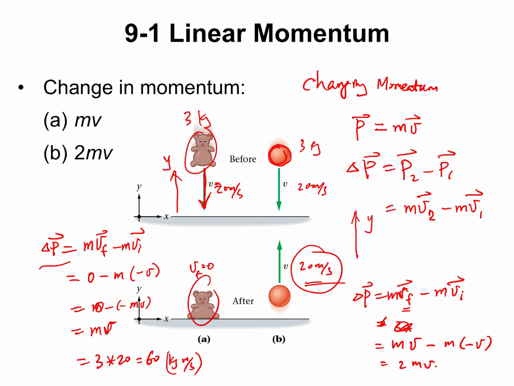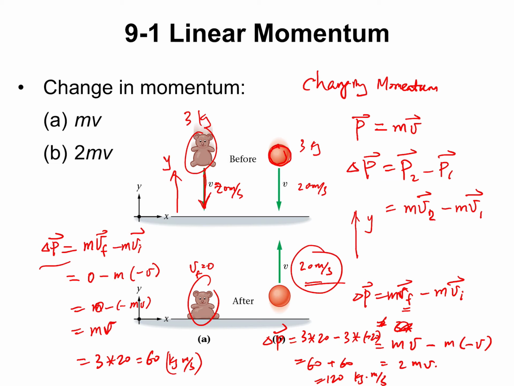Same thing here, final momentum equals 3 kg times 20, and 20 is positive. Initial momentum is 3 kg times negative 20, since it is down. So the change in momentum is 60 minus negative 60, so plus 60, equal to 120 kg meters per second.